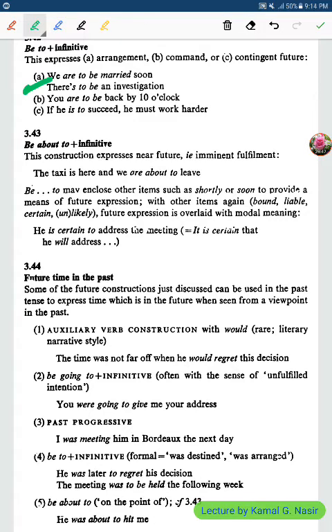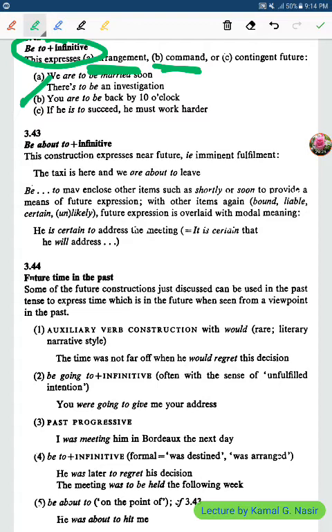There is to be an investigation. This shows the meaning of the future when there is an arrangement. We use be plus to plus infinitive. You are to be back by 10 o'clock. When, for example, a mother tells her son, you are to be back by 10 o'clock, this is a command.